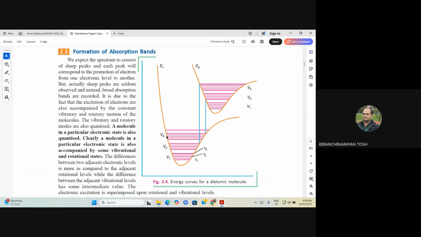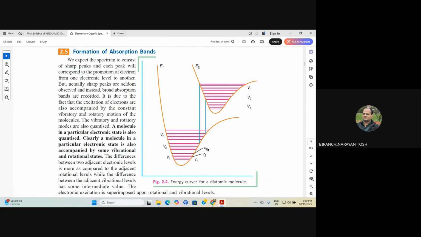You can see V1, V2 and V3, which are the vibrational energy levels, and each vibrational energy level is associated with some rotational energy levels, R1, R2, R3, R4, like this. Now just imagine an electron: every molecule or gaseous particle will have translational motion, rotational motion and vibrational motion.